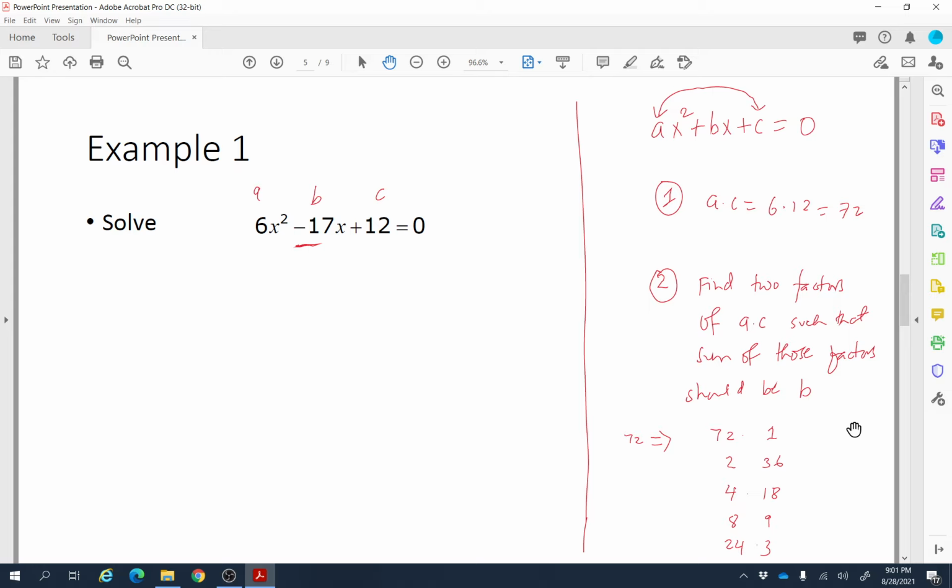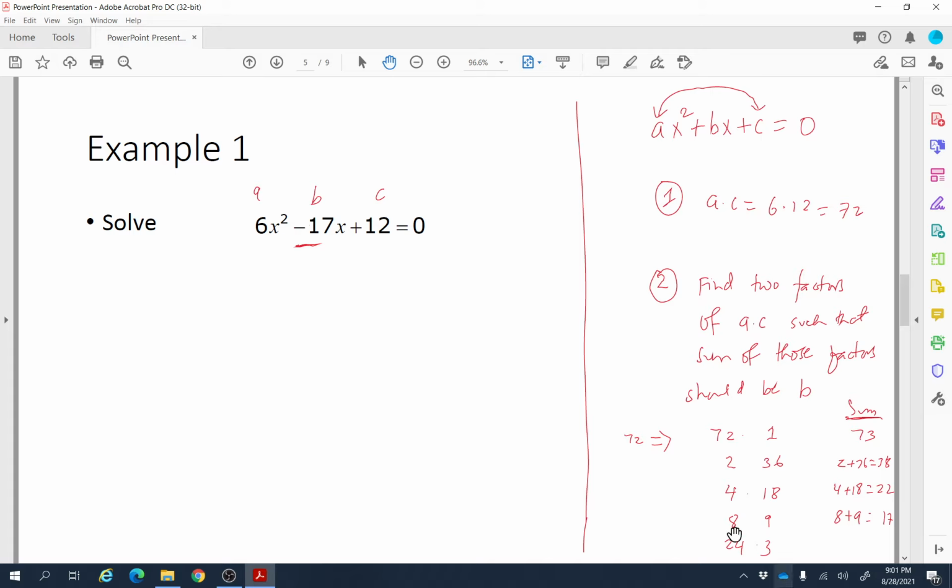But our goal is to find only a pair of factors such that the sum of that pair is b. So if you look at these factors and find the sum of these factors, 72 plus 1 is 73, 2 plus 36 is 38, 4 plus 18 is 22, 9 plus 8 is 17. But we are looking for negative 17.